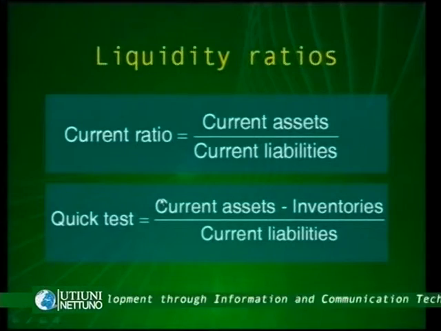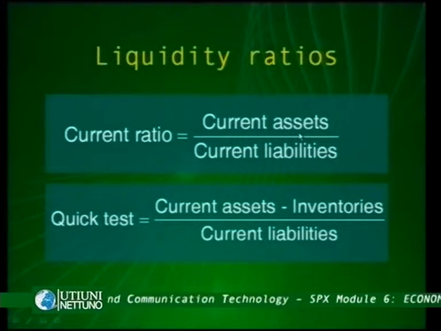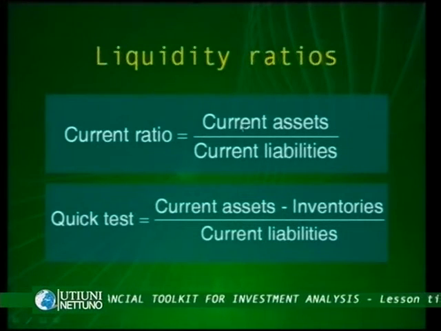It gives us the information about the ability of a firm to satisfy the current liabilities through the current assets. So this basically says if the firm is able to repay current liabilities through the current assets. Because in the current assets you have inventories, you have receivables and cash.